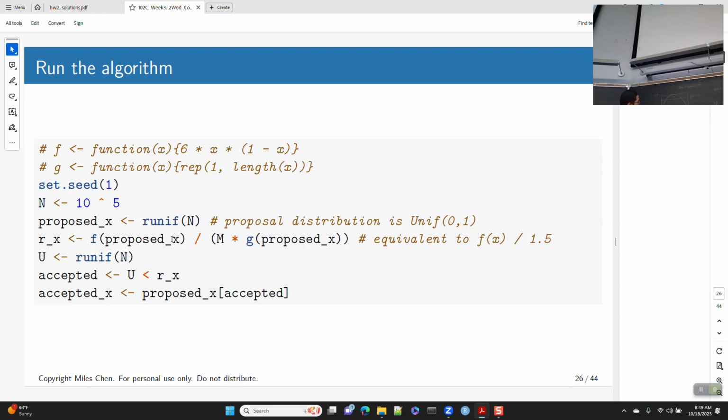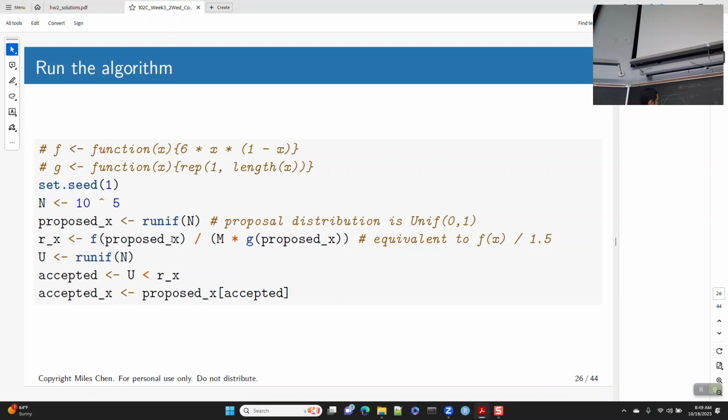If I generate a 0.5, then f at 0.5 is 1.5, and I divide by 1.5, so my acceptance rate for 0.5 is going to be 1. So anytime I generate a 0.5, I'm going to accept it 100% of the time.